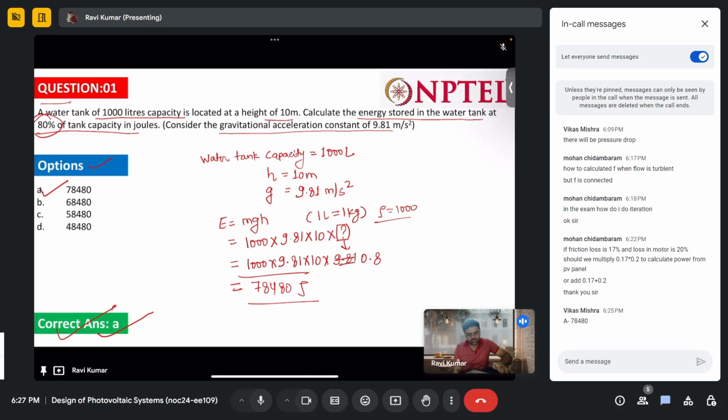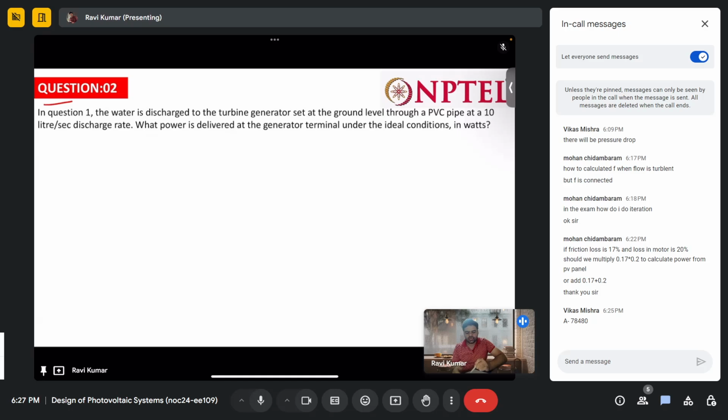Okay, let's move to the next question. Question 2 is based on question 1 only. It says the water is discharged to a turbine, so it means now we are utilizing it at night. We are using it as a storage system.